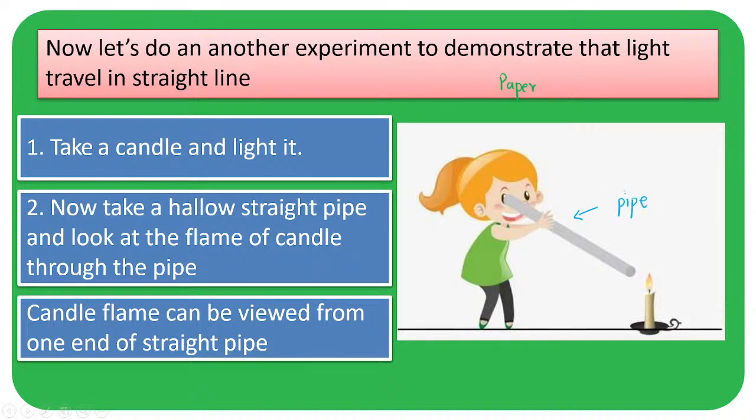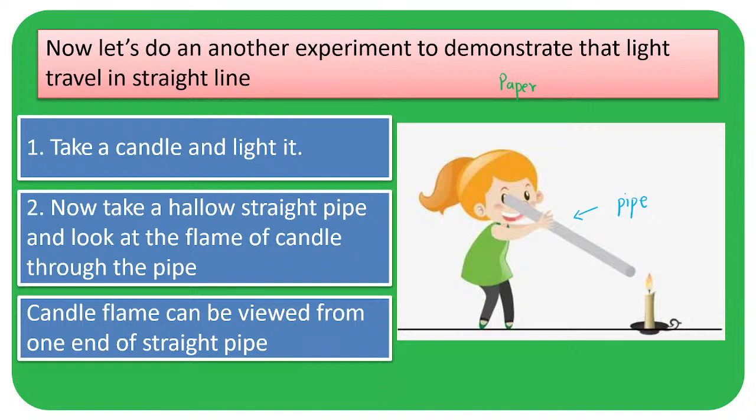If you already have a pipe at home, you can use that. Otherwise, take one page from your notebook, fold it in a cylindrical manner, and try to see an object through that pipe.